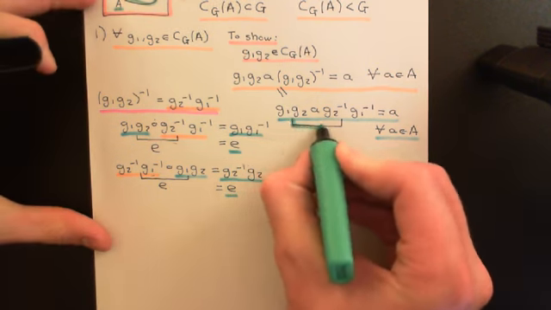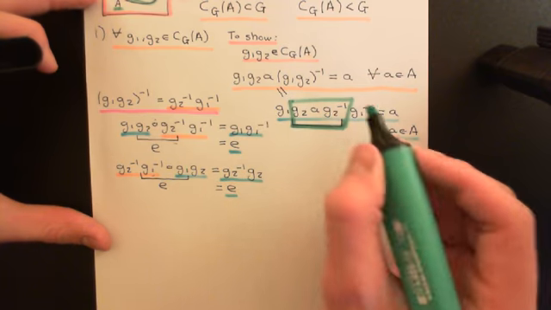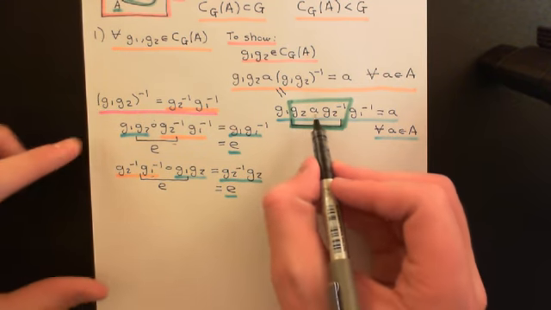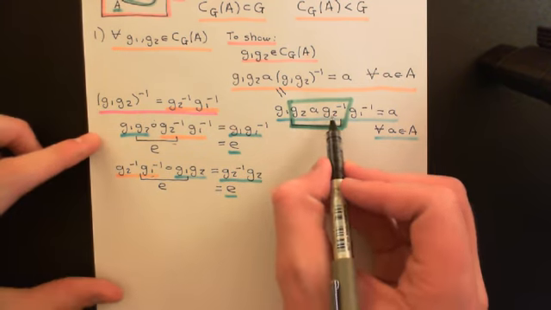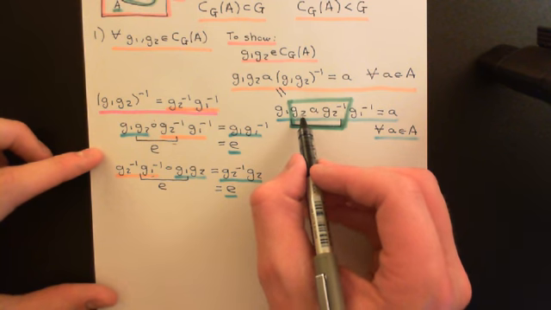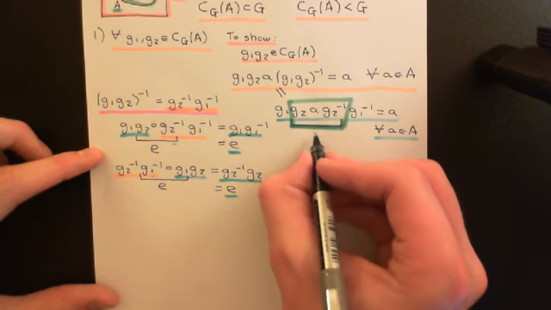I have G2 A G2 inverse, highlighted here in green, and I think I'll make it even more blatant by putting a great big box around it. Okay, so I have G2 A G2 inverse, which is the conjugate of this element little a in the set capital A under the element little g2 here. Okay, and what do I know?